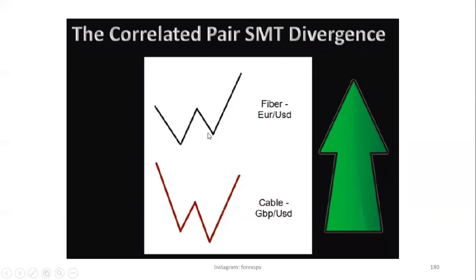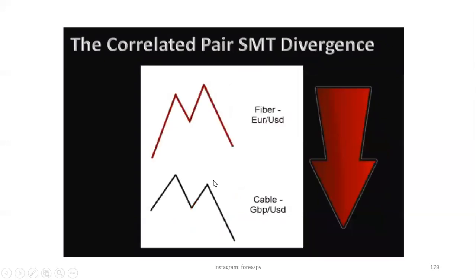A pair that forms a higher low or a lower high would have a much greater move and a very small retracement compared to the one that is forming a higher high or a lower low. The one forming a higher high or a lower low would have a small move and a very great retracement.